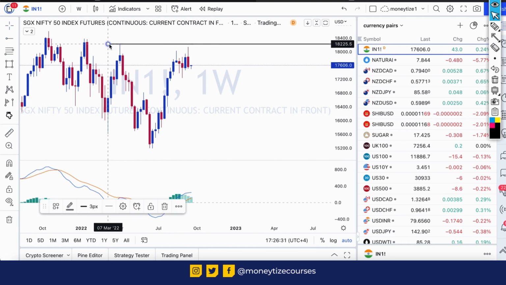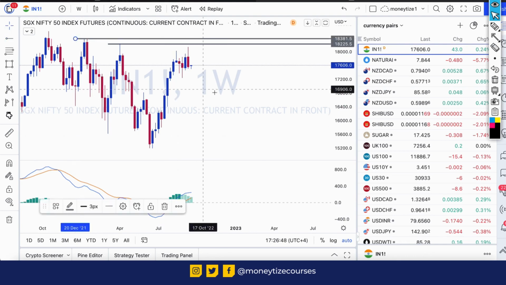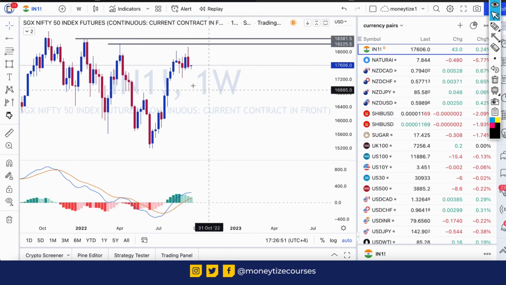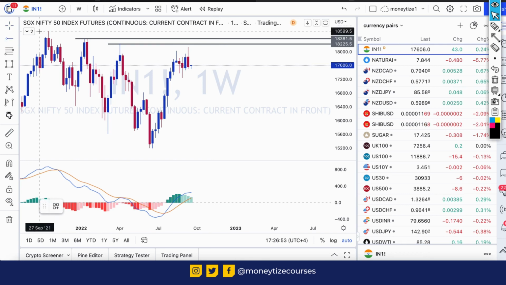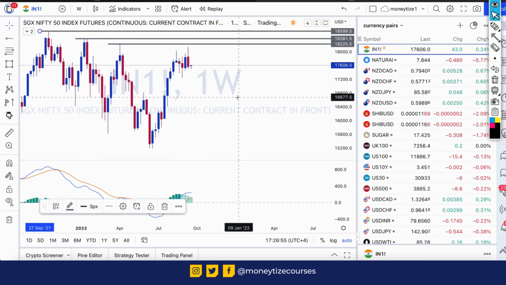This is the previous high, not yet taken, so there is a good probability that the market should go higher, clean, and then come back. So let's clearly mark the levels. One is 18225 and the next one is 18381. And the final one is 18599.